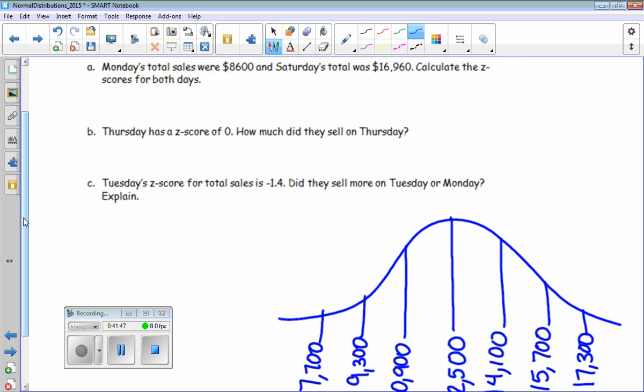Okay? It says to calculate the z-score for both days. So let's find the z-score for Monday and the z-score for Saturday. So go ahead and do that for me. You have the formula. You take the value minus the mean divided by your standard deviation.